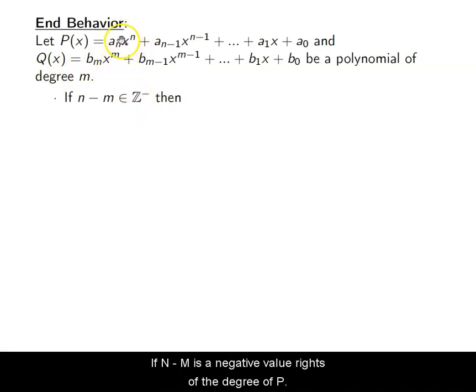So the degree of P has to be less than the degree of Q in order for me to subtract them and have a negative number out, right? If it's the top minus the bottom and I get a negative number out, that means Q is a larger number, okay? So if that's true, what we say then is that Q dominates the function.